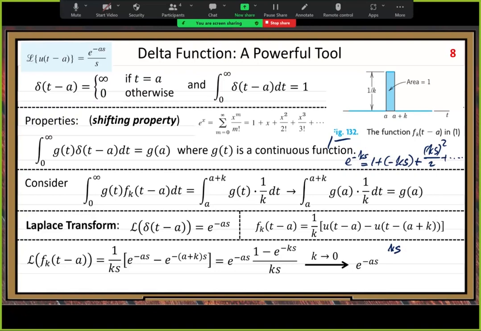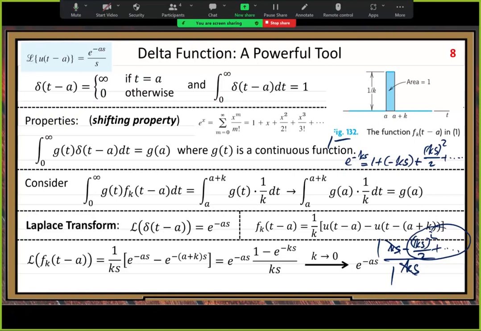Because minus negative is plus, but minus ks squared over 2 over ks. Those terms approach 0, and ks cancel out 1. So that's why you use the power series expansion of the e function. You can also see the limit of this fraction when k goes to 0 is also 1.